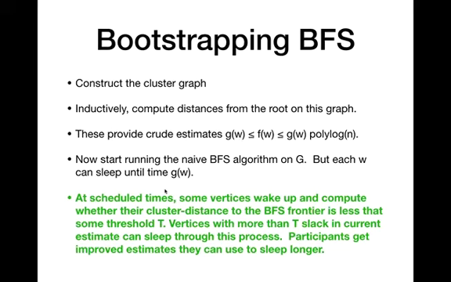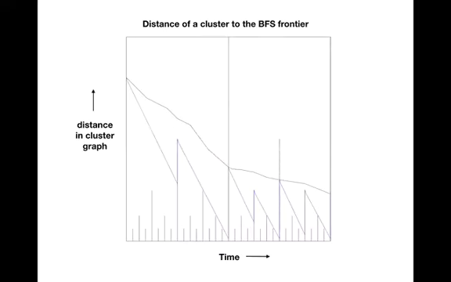So at some scheduled times, some vertices are going to wake up and compute whether their cluster distance from the BFS is still less than some threshold, and you're going to compute how much slack they have. And anybody with more slack than that can just sleep through this process. But anybody who does wake up and participate for a little while can get a better estimate of their distance to the frontier, and they can use that better estimate to sleep longer. Right? So here's how it looks.